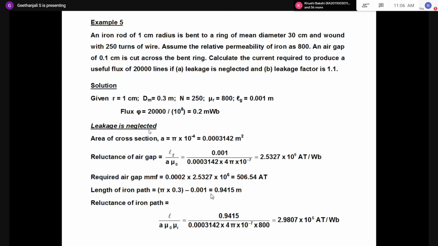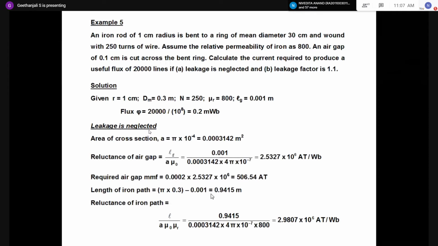So MMF is equal to phi into S. Just now we have calculated the S value, substitute.